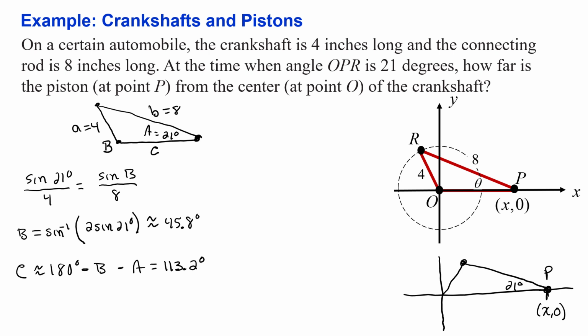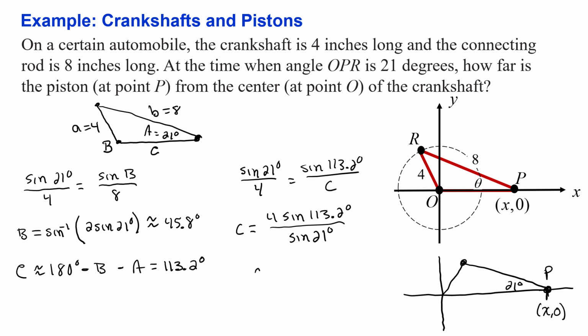So we can write sine of 21 degrees divided by 4 equals sine of 113.2 degrees divided by side C. Solving for side C, we get C equals 4 times sine of 113.2 degrees divided by sine of 21 degrees, and that's approximately 10.26 inches.